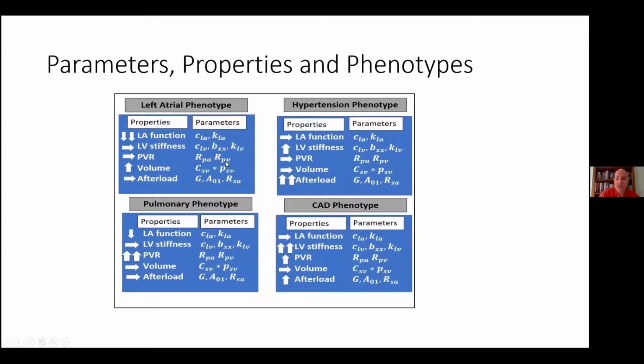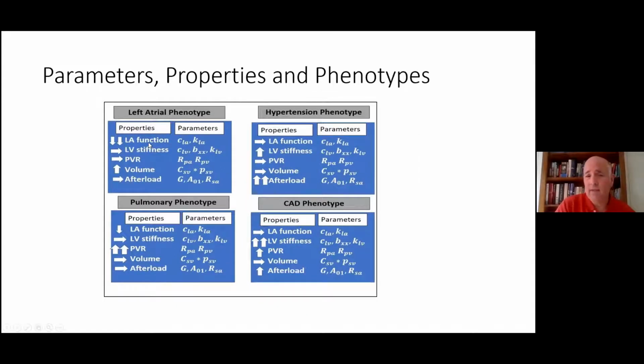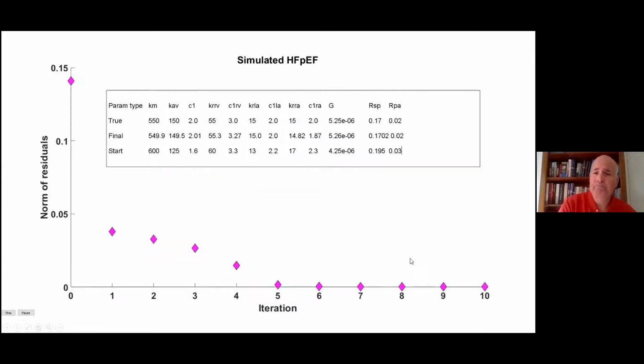Pulmonary vascular resistance, for example, might be a sum of the actual three parameters that define the resistance in each of the compartments, whereas, for example, in afterload, where there's a more complex relationship between the taper of the aorta and the compliance, we may have a different mathematical relationship. But at the end of the day, we're trying to get essentially one variable out of the parameter estimation, which would be the afterload or the pulmonary vascular resistance or perhaps the left atrial function. And then the long-term idea is that this will define different types of phenotypes in these patients.